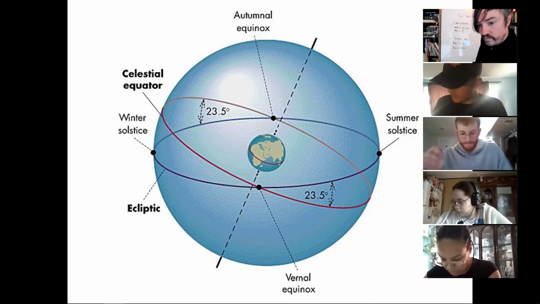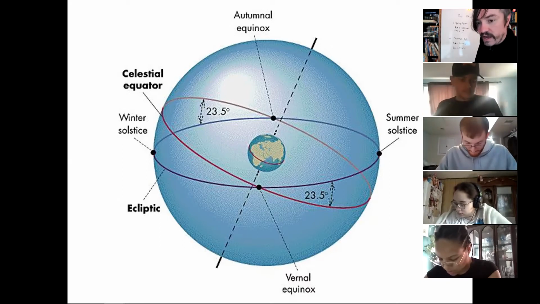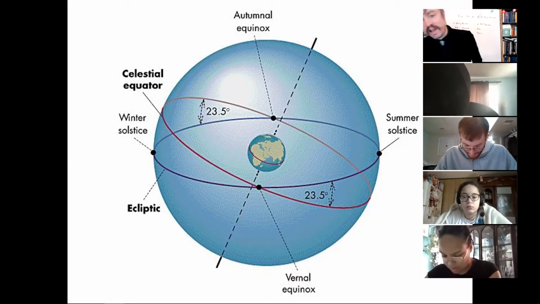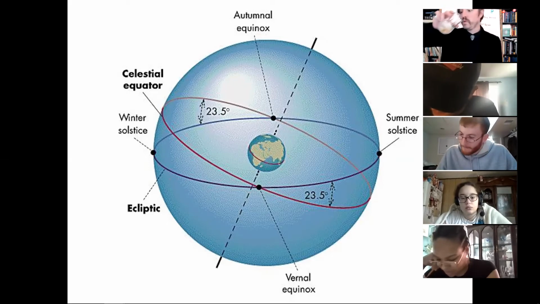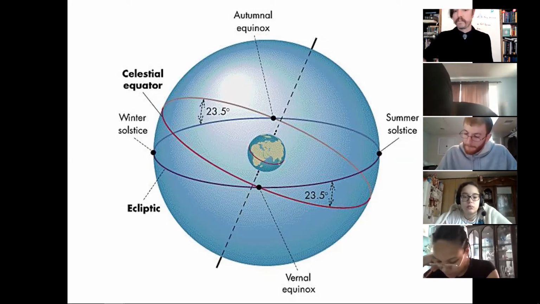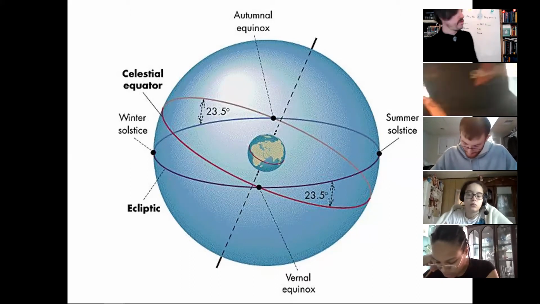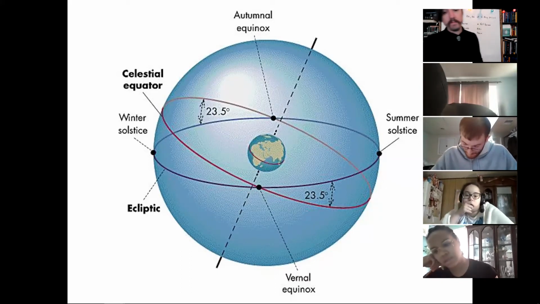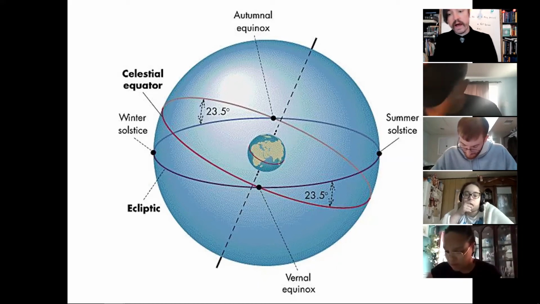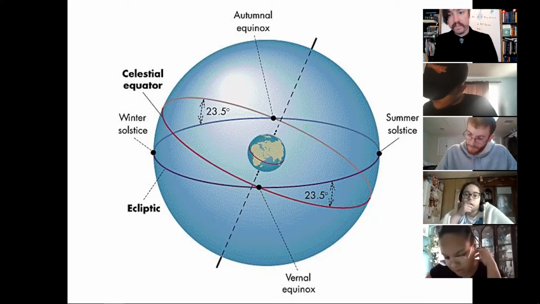All right, so latitude. Wait, no, that's geographic coordinates. We're talking equatorial coordinates, right? Oh, I'm sorry. It did say latitude of the sky. That's right. All right. What do you have on your paper? Just read it out to me. I have declination is degrees of the stars, positive or negative from the celestial equator. And then what do you have for RA?